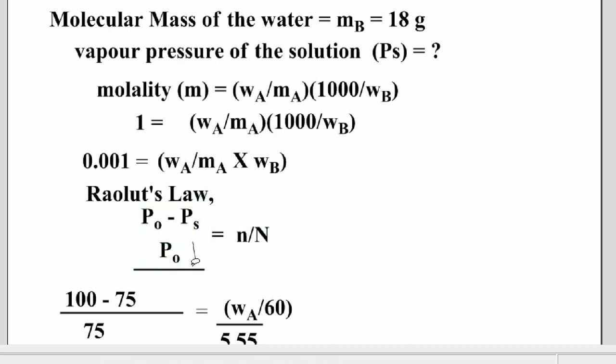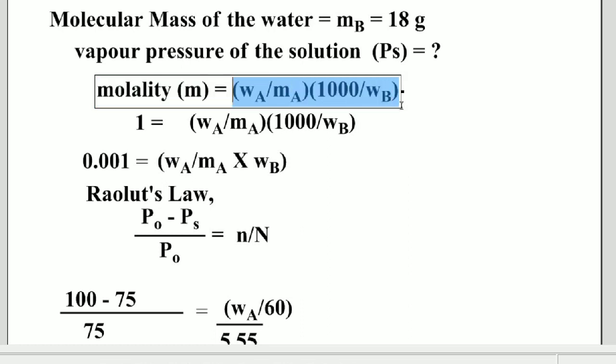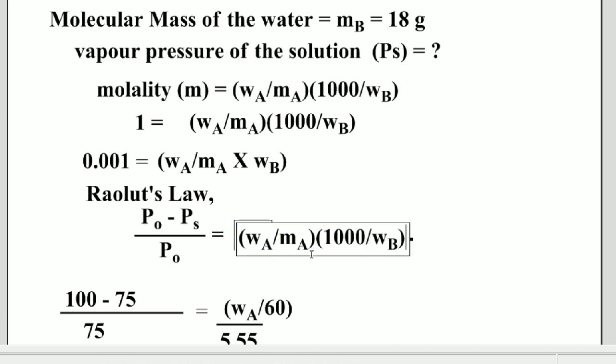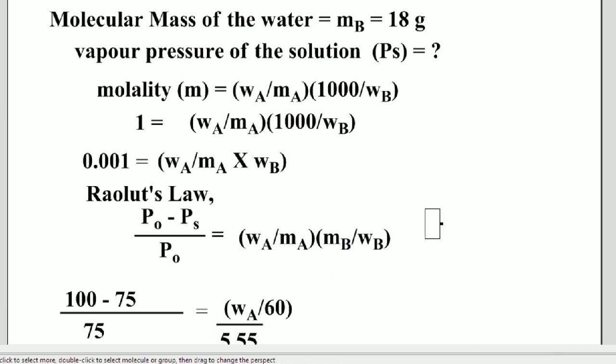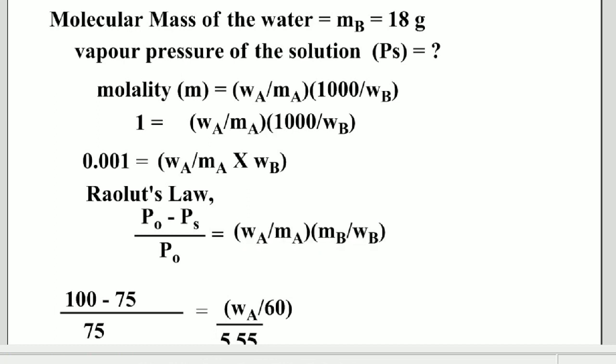Small n by capital N is nothing but WA by MA into MB by WB. This is the mole fraction of solute.